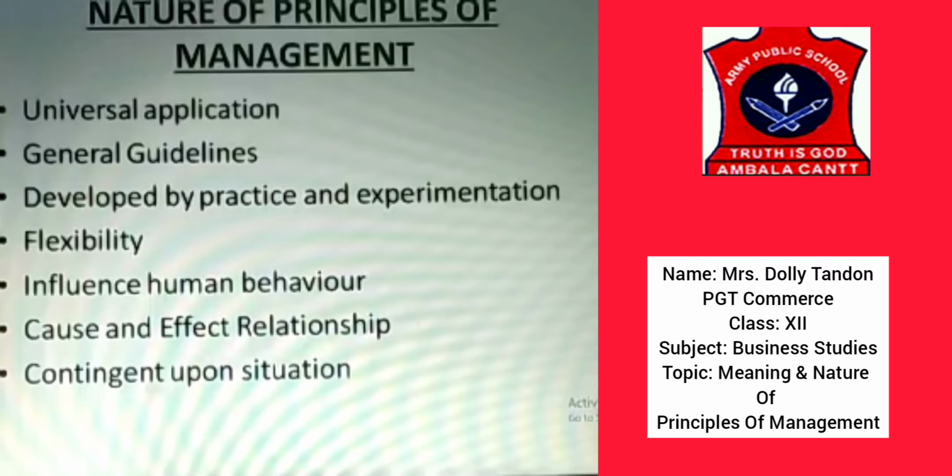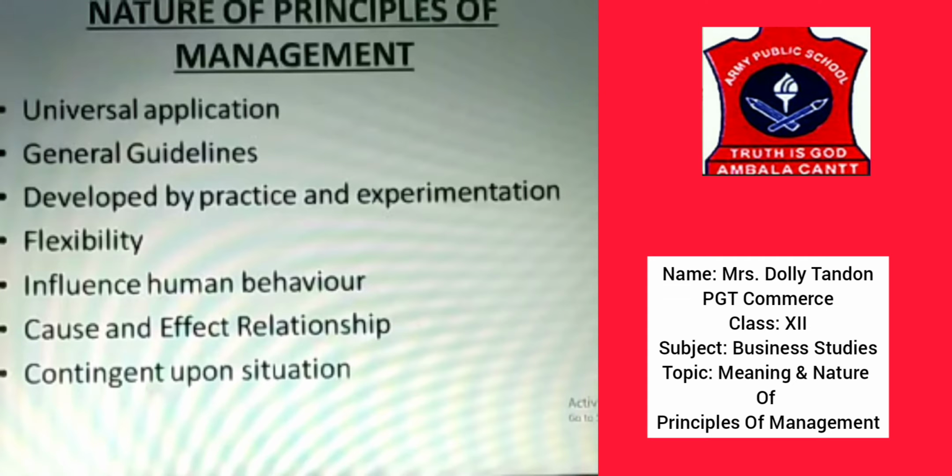Universal application means the principles of management are universal in nature. They are applicable to all the kinds of organization and to all situations. They are widely applied in all the types of activities of the organizations.